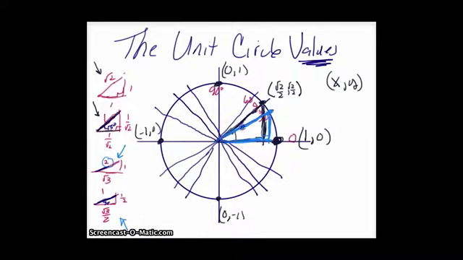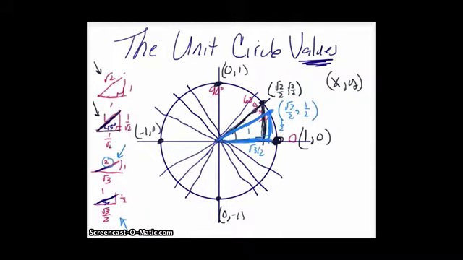This is the short leg, this is the hypotenuse, this is the long leg. We already know the hypotenuse is 1 because it's a unit circle. So the y is 1/2 and the x is radical 3 over 2. Let's write that in here, okay? So the x is radical 3 over 2 and the y is 1/2.